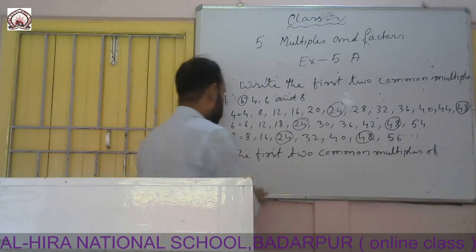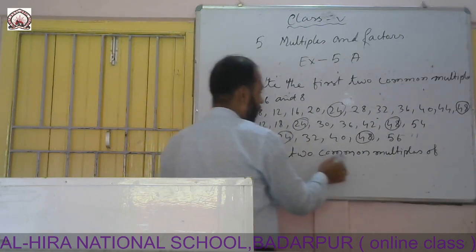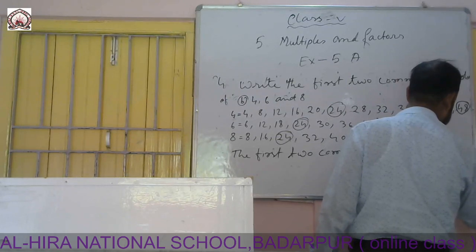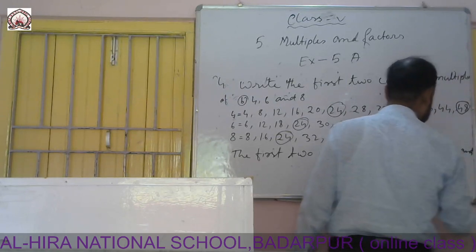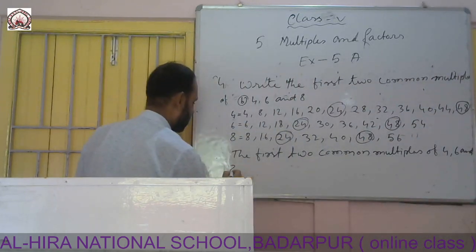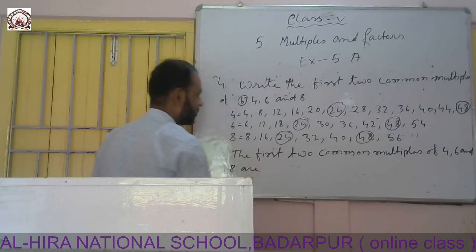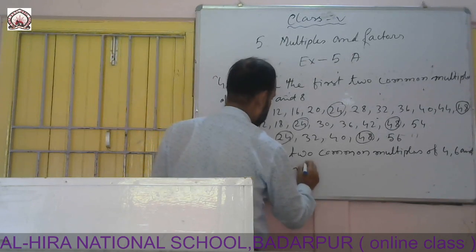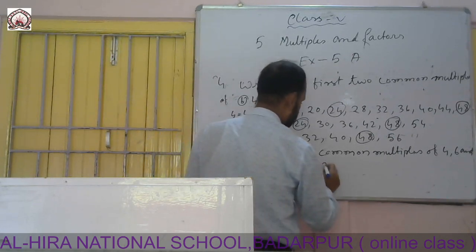So we can write the first two common multiples of 4, 6 and 8 are 24 and 48.